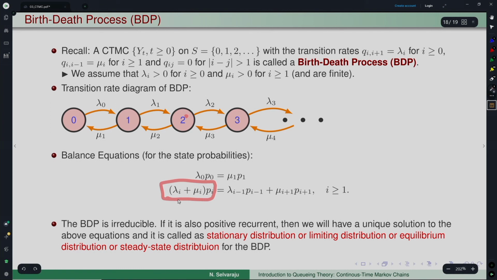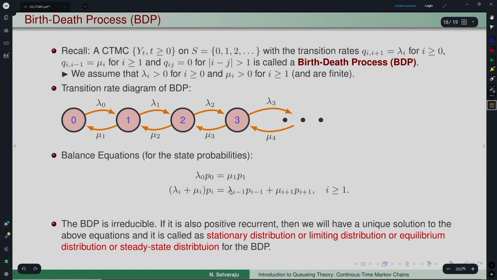And what is the rate of flow into state 2? It can be in state 1 and with lambda 1 it can come to state 2, or it can be in state 3 and with rate mu 3 it can come to state 2. So, lambda 1 P 1 plus mu 3 P 3 is what you will get for i equal to 2. That is the rate of flow into state i, and the rate of flow out of state i, and in equilibrium this must be equal.